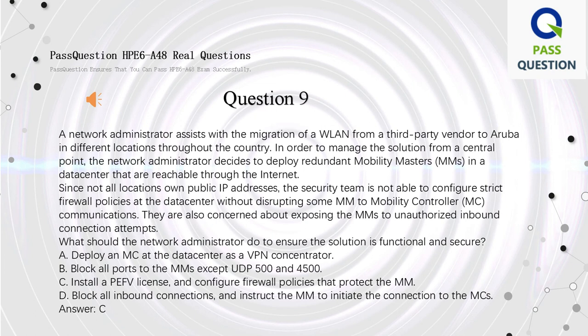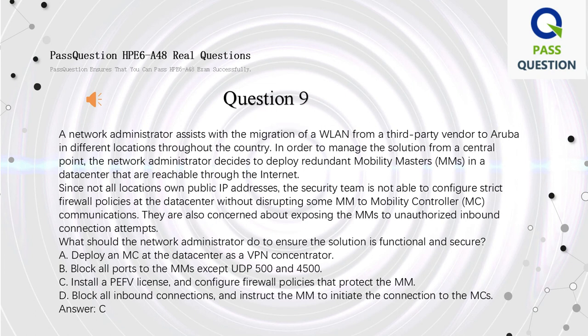Question 9. A network administrator assists with the migration of a WLAN from a third-party vendor to Aruba in different locations throughout the country. In order to manage the solution from a central point, the network administrator decides to deploy redundant mobility masters (MMs) in a data center that are reachable through the Internet.